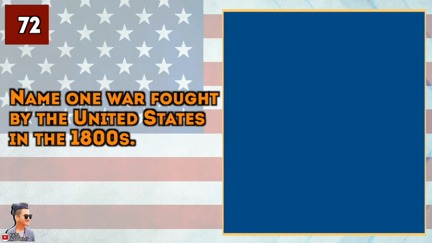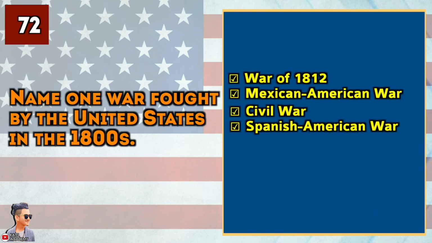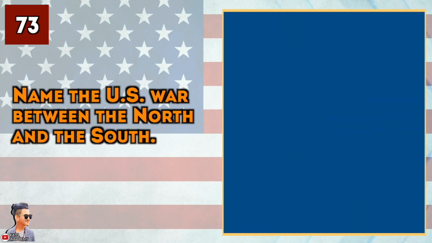Name one war fought by the United States in the 1800s. War of 1812. Mexican-American War. Civil War. Spanish-American War. Name the U.S. war between the North and the South.